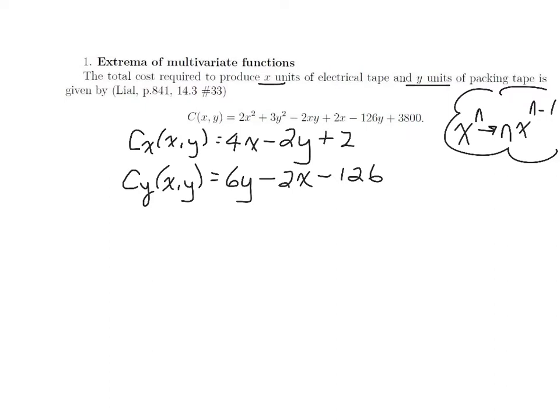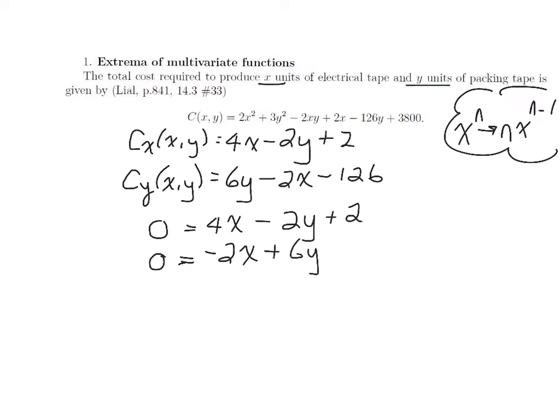The best thing to do now, well, we're going to set them to 0, so set equal to 0. And while I'm doing that, I'm also going to line up the variables under each other, so we are making sure that we're working with the same variables. So you see how I'm writing minus 2x first, plus 6y under the minus 2y, and minus 126 here.